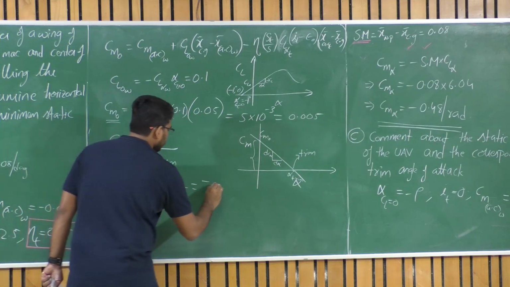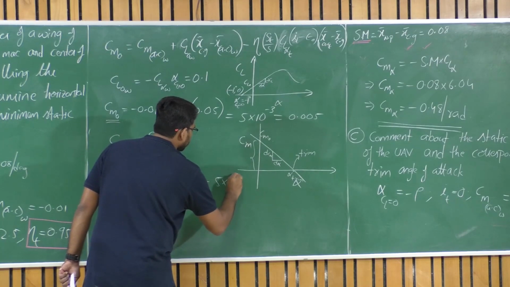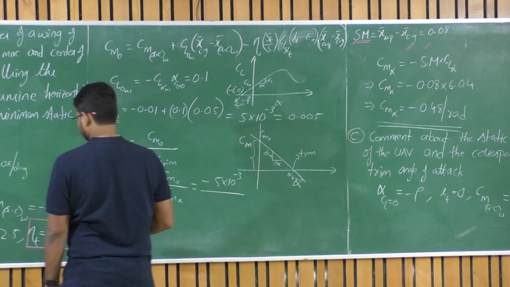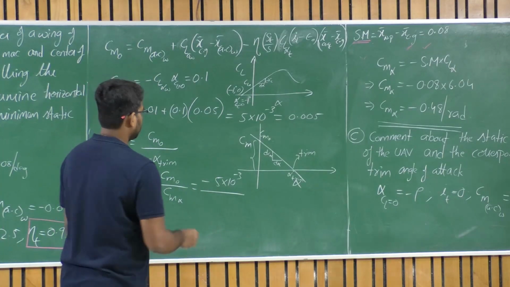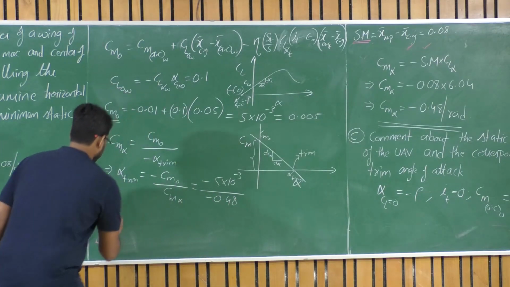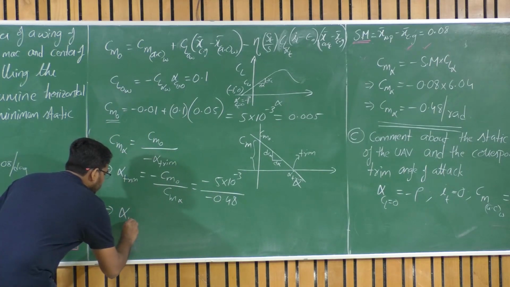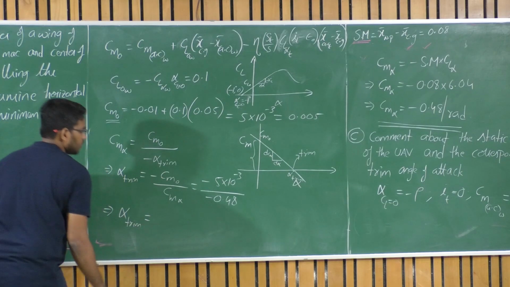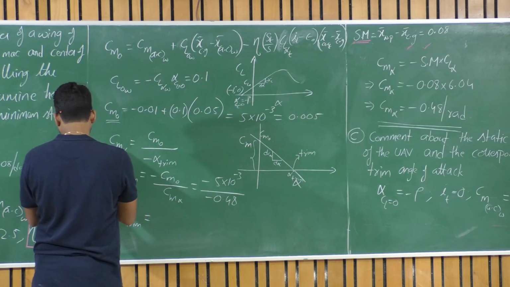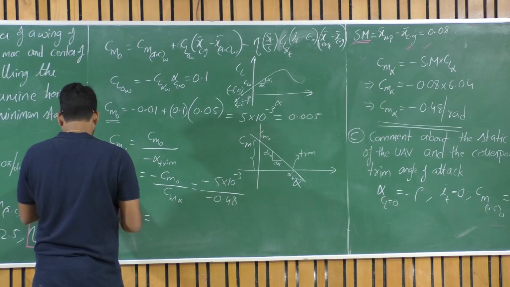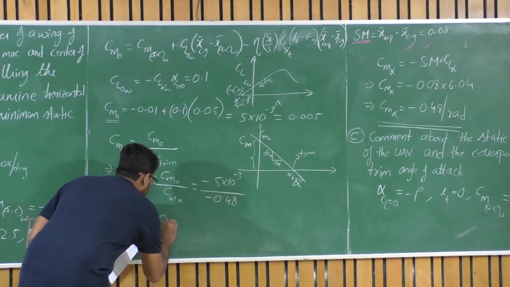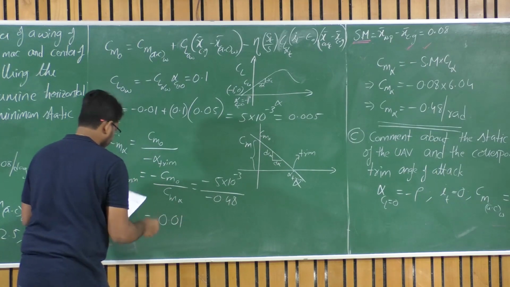So this is minus 5 times 10 power minus 3 upon CM alpha, which is minus 0.48. From here you can figure out alpha trim, which is approximately 0.5 degrees, or 0.01 radian.